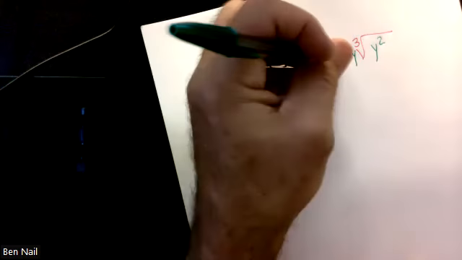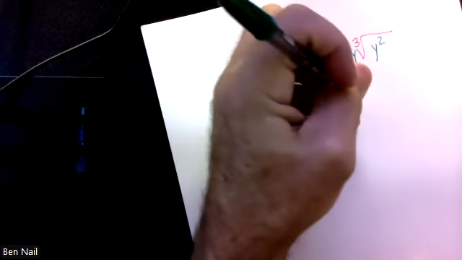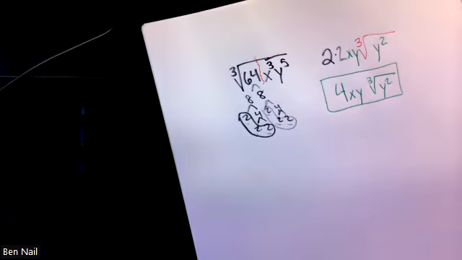So then if we clean this up, 2 times 2 is 4. We can't combine any of our variables. So we end up with 4x y times the cubed root of y squared.